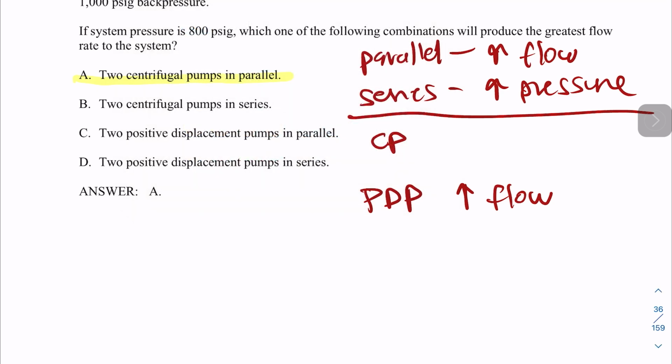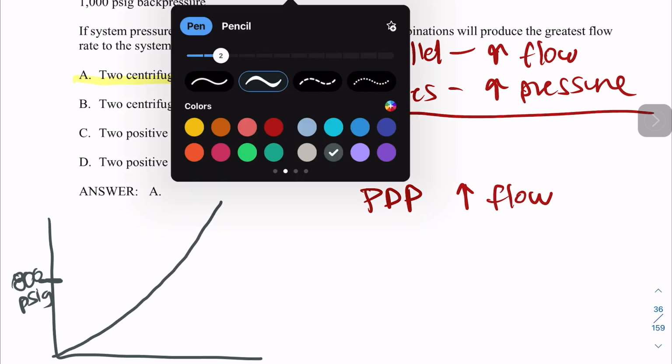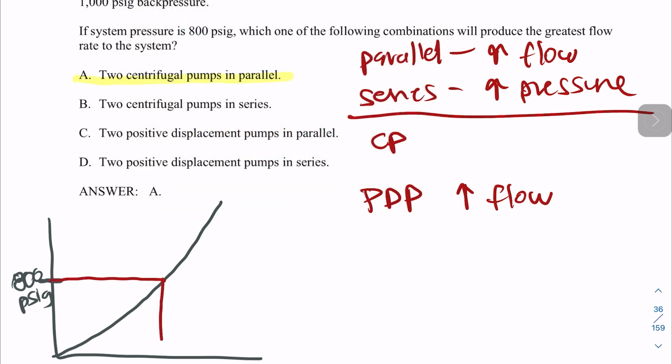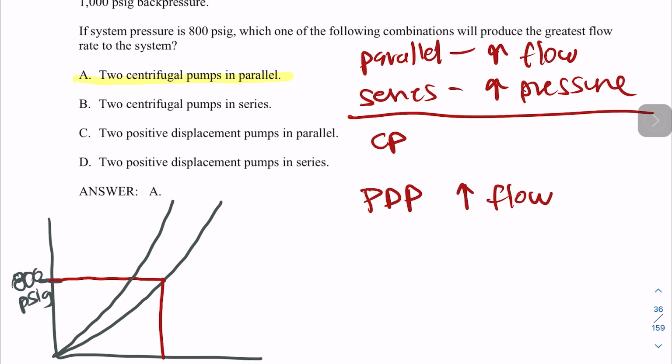So for the sake of this exercise, let's take a look at it. What is happening? This is my system pressure, but if I throttle, what's going to happen?